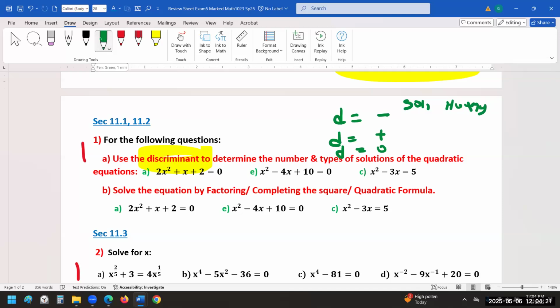And how about the x-intercepts? Okay, so I'm going to give all of these in a table. I'm going to give you a discriminant. For negative, what type of solution, how many, and how many x-intercepts. For positive, those same things. So you have to know all three types.